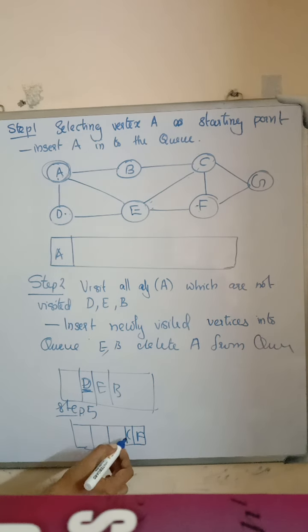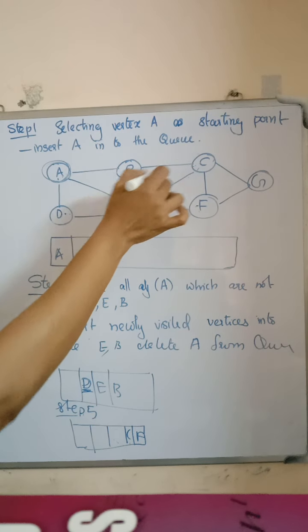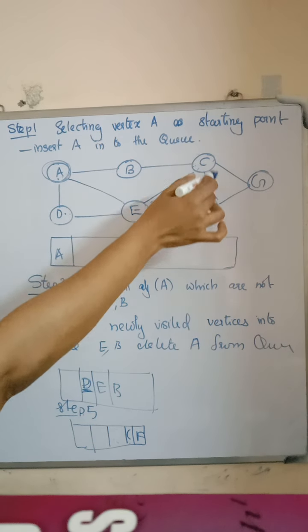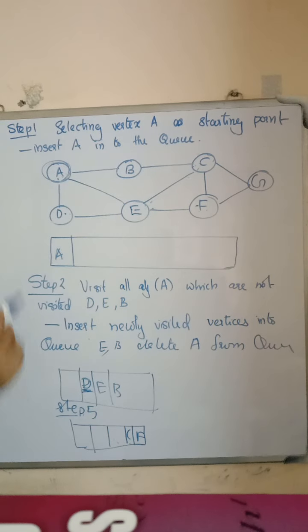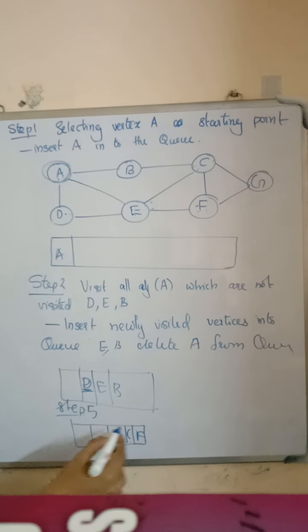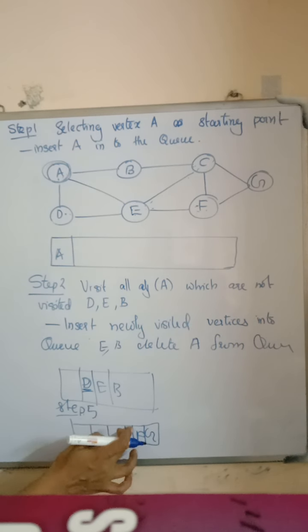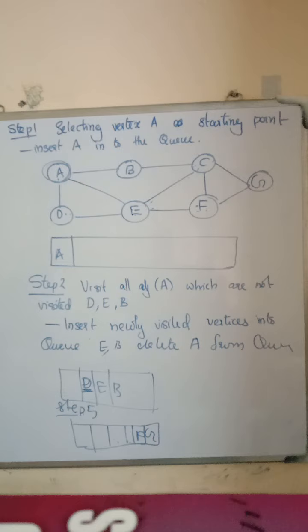Then we visit the adjacent vertices of C. The adjacent vertices of C are B, E, F and G. Here B, E, F are already visited, so the only new vertex is G. Add it to the queue and delete C from the queue.